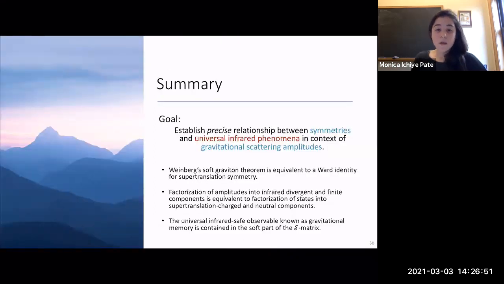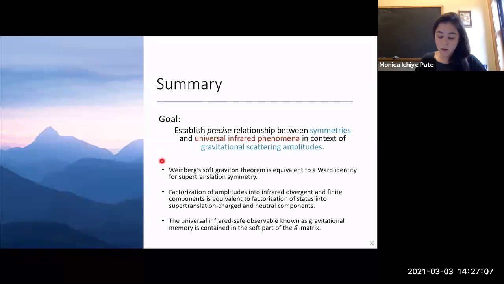Okay, so our goal today was to understand several instances of a precise relationship between symmetries and universal infrared phenomena in the context of gravitational scattering amplitudes. So I began with a review of the equivalence between Weinberg's soft graviton theorem and a Ward identity for supertranslation symmetry.